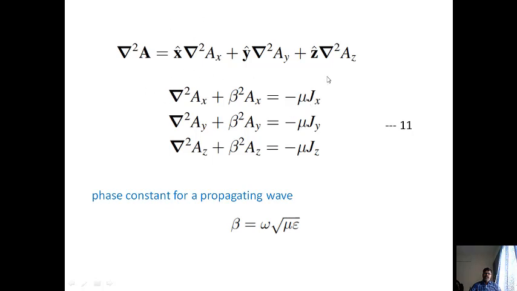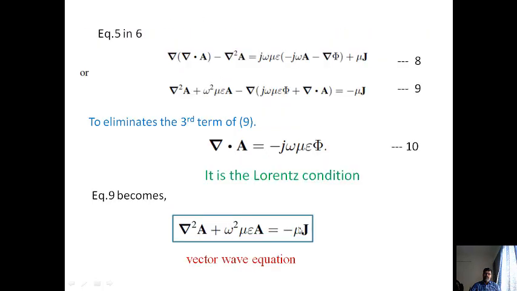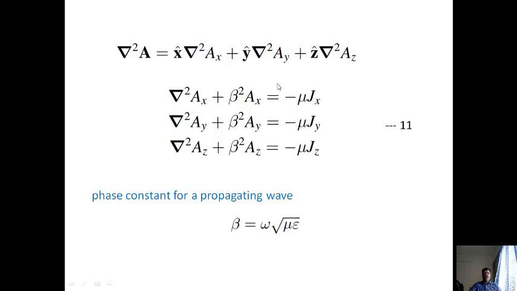Then we can solve these equations for the right hand side source of minus mu j, and j is also a vector. When we compare the components in the right hand side with the left hand side, we can write 3 equations: one for x component, another for y component and yet another for z component. These are the 3 equations we will be getting.